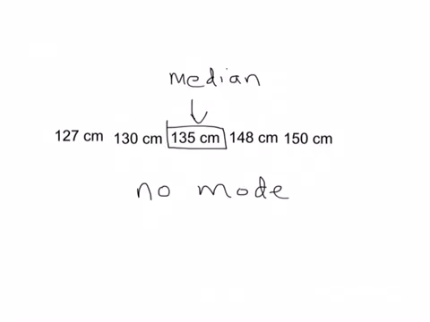How would we find the range? Remember, the range is my largest minus my smallest. How do I find my range? Franny: you subtract 150 and 127. You got it. I'm going to take 150 and subtract 127.